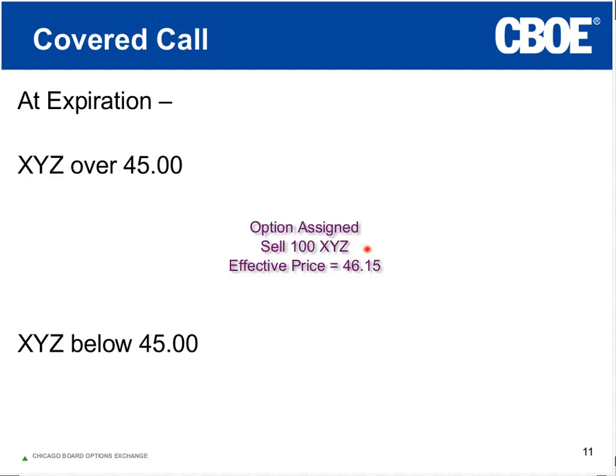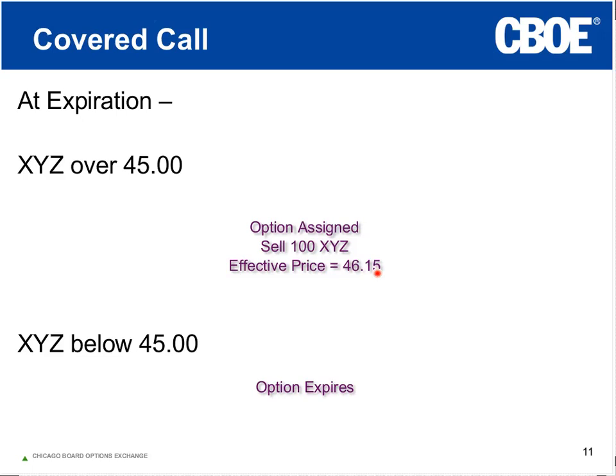They're going to be called away from us at $45 a share. However, we also have that $1.15 of income that we took in when we sold the call option. So our net effective price is $46.15. That's the $45 from the shares being called away from us, and the $1.15 that we took in when we took on the obligation to sell our shares.